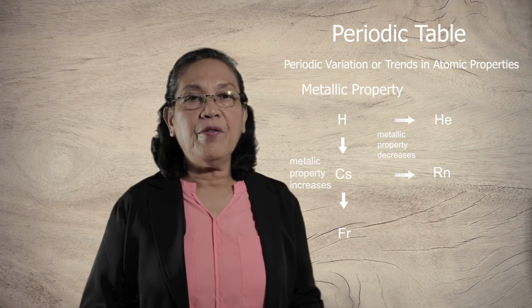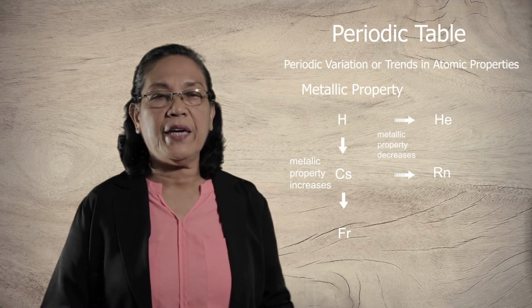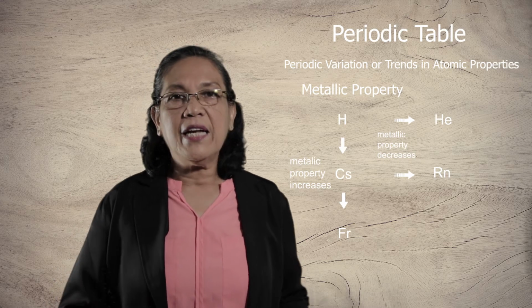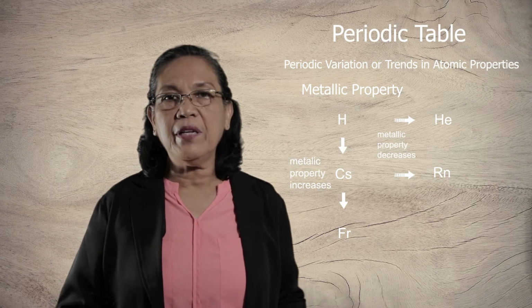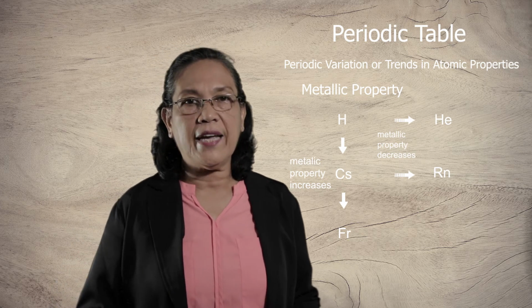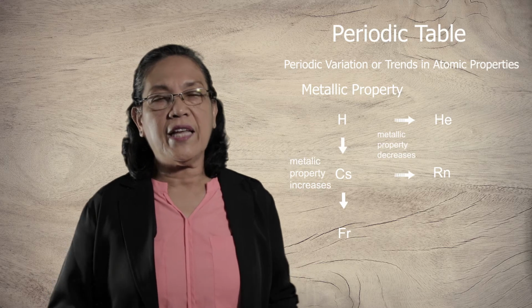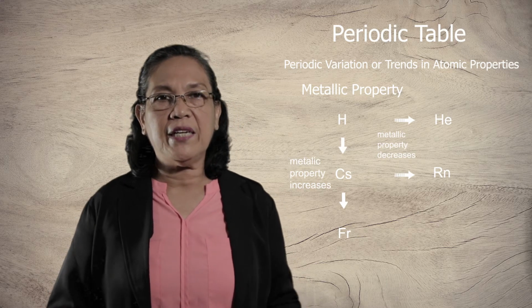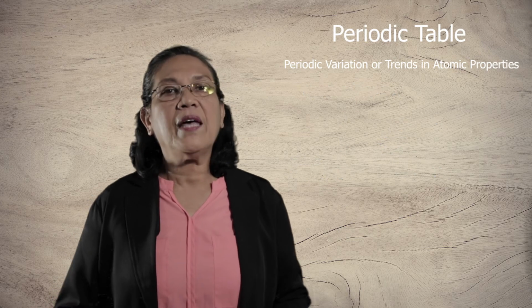Likewise, in the fourth period, it starts with potassium, which is metallic, and as you go across the periodic table, at the end there is krypton, which is a gas. So you can say that as you go across the periodic table, the metallic property decreases.